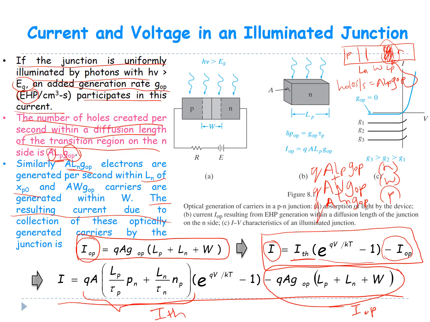So in terms of IV characteristics, when you are in the dark without any illumination, you've got this equilibrium IV characteristic, and once you illuminate the diode, the reverse current increases like that. And you can see that G3, the optical generation rate, is larger than G2, which is larger than G1. That's why the increase is in that direction.